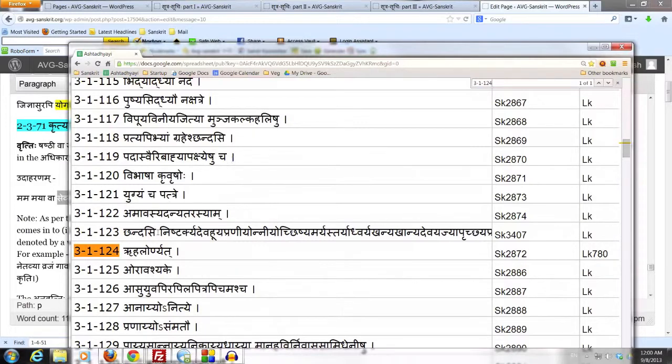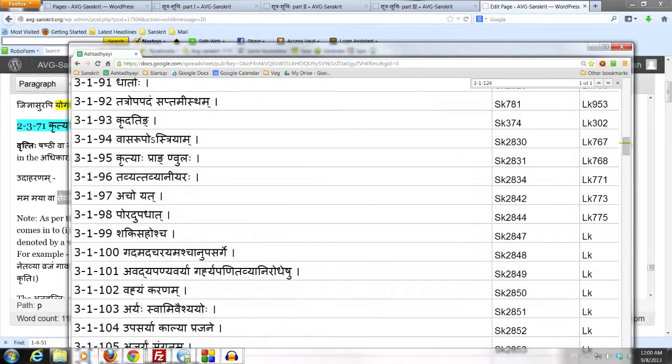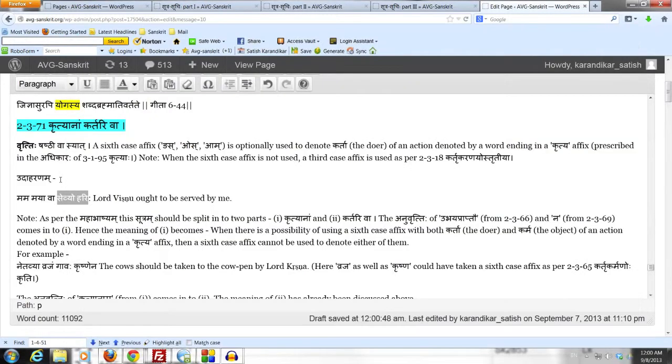Of course, Nyat is a kritya affix because it is prescribed in the adhikara of krityaha, which starts from 3.1.95. That's why 2.3.71 applies here to prescribe a sixth case affix only optionally to denote the agent of the action.